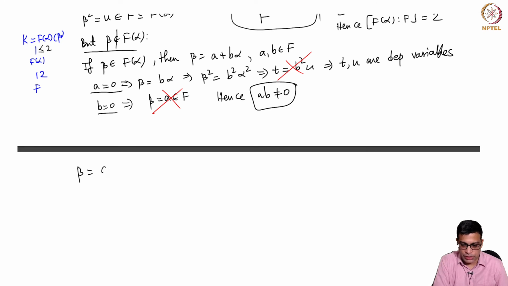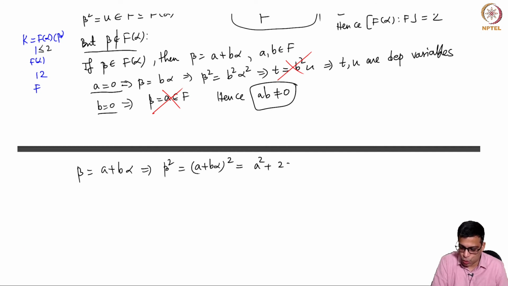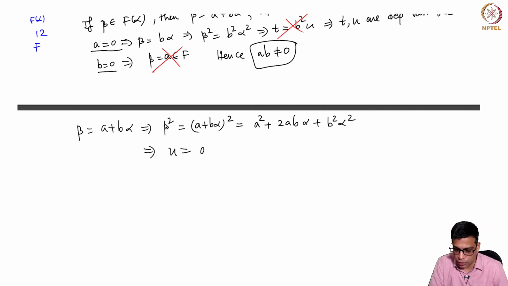We are going to use this later. Now beta equals a plus b alpha, so let's square both sides. We get beta squared equals (a plus b alpha) squared, which is a squared plus 2ab alpha plus b squared alpha squared. This implies u, which is beta squared, is equal to a squared plus b squared t, because alpha squared is t, plus 2ab alpha.